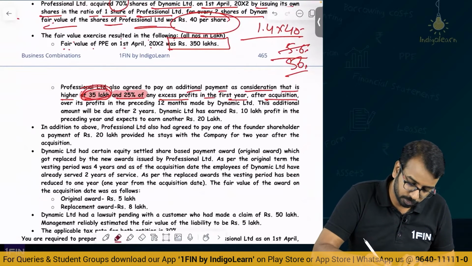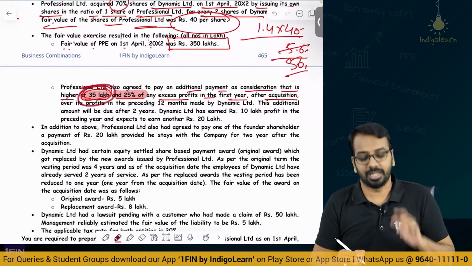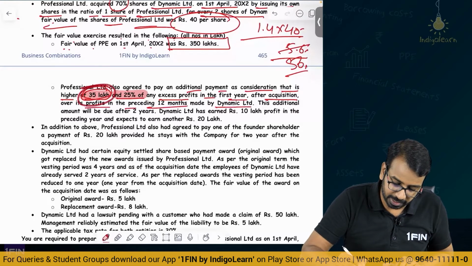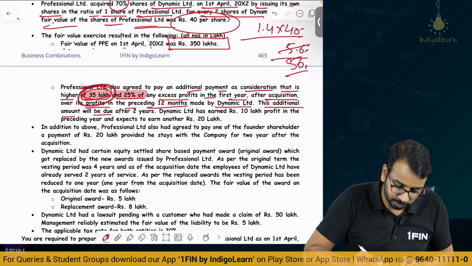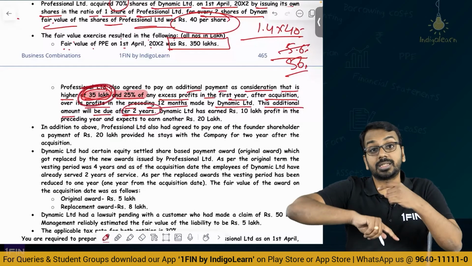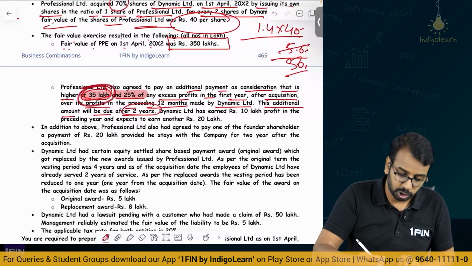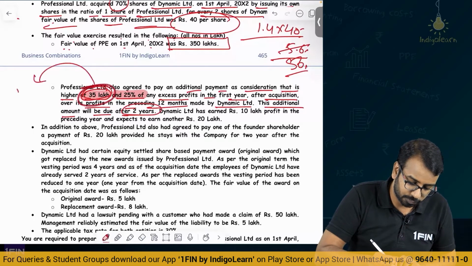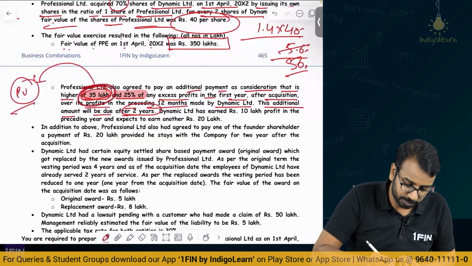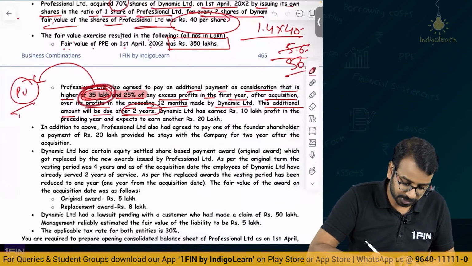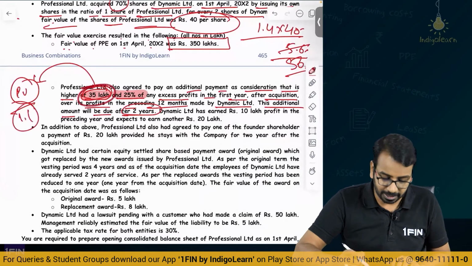So what you will do? You will take this 35 lakhs and take in your calculation. After acquisition, over its profits in the preceding 12 months made by Dynamic Limited, this additional amount will be due after 2 years. So it is a contingent consideration and also it is a deferred consideration. You will pay 35 lakhs after 2 years. You have to bring that to present value discounted by the factor whatever they have given. I think it is given at 10%, so 1.1 into 2 times, right?